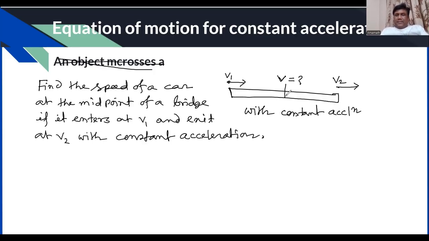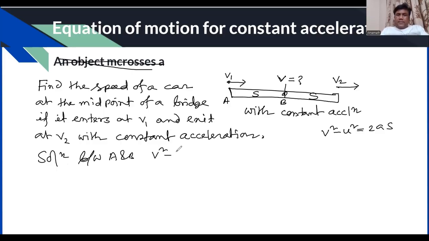As it is the midpoint, if this part's length is S, this part's length also will be S only. So if I apply between A and B, I'll use this formula only: V square minus U square equal to 2AS. So between A and B, V square minus V1 square equal to 2AS.